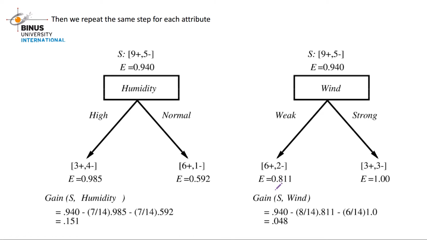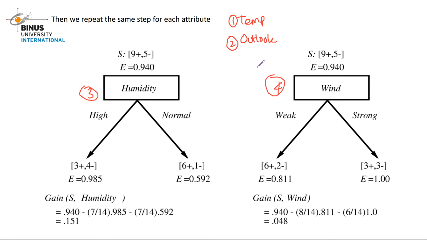Then the next step is we repeat the same step for each attribute. So how many attributes do we have? We have humidity, we have wind, we have temp, and we have outlook. 1, 2, 3, 4.